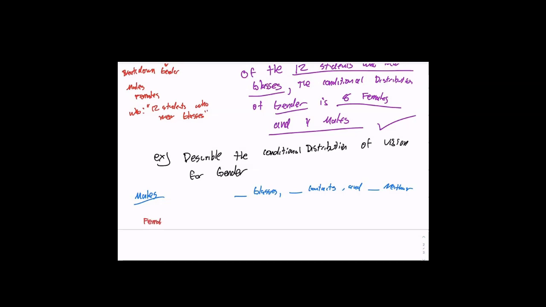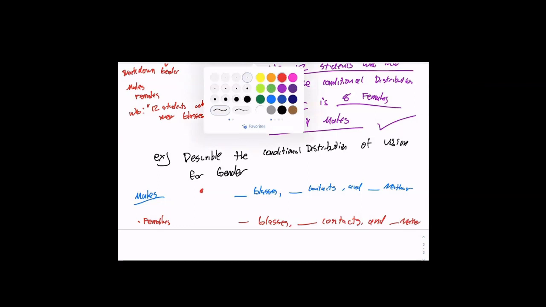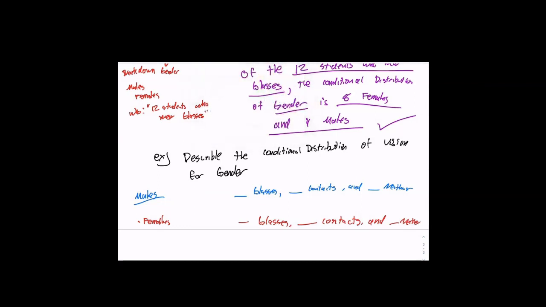So your answer is actually going to be 2 sentences: blank glasses, blank contacts, and blank neither. But we still have to talk about the who, the what, and what those answers are. So yes, this problem requires you to write 2 sentences, not just one, because there are 2 genders, and for each gender I want you to break down the distribution of vision.